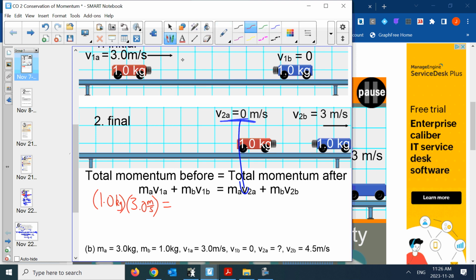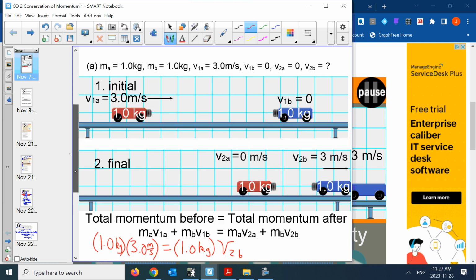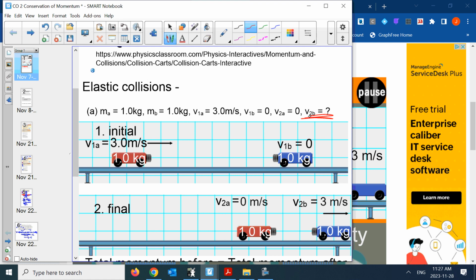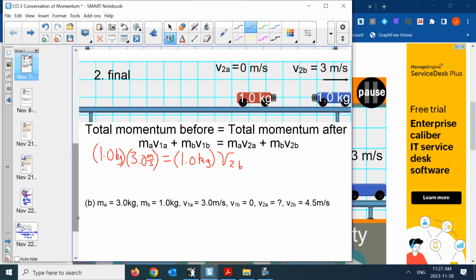So MBV2B, also 1 kilogram times V2B. How do we solve it? I know we have the answer; we're pretending we didn't know this. Now, you guys know how to do the algebra. You divide by 1. 1 times 3 on the left side, divide by 1, and you get 3. Okay? Now, I didn't think the algebra would be tricky. We start easy, we work up from here.